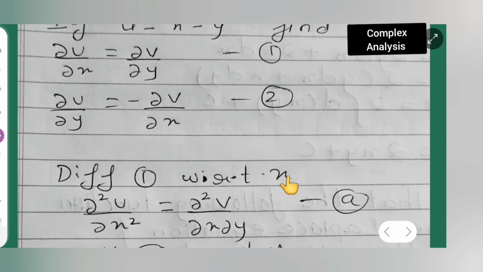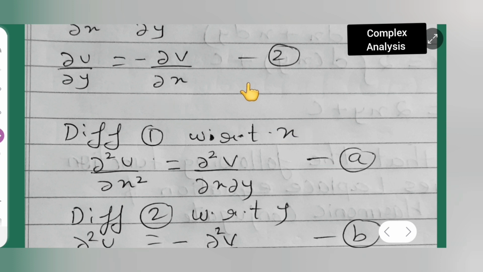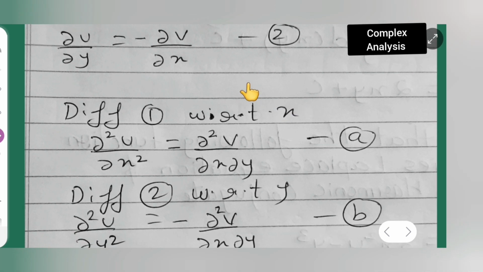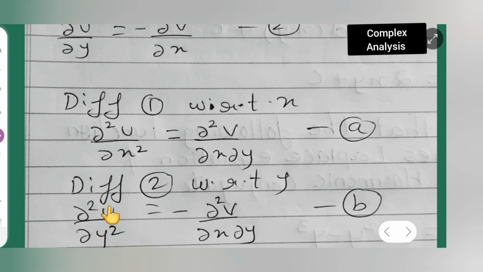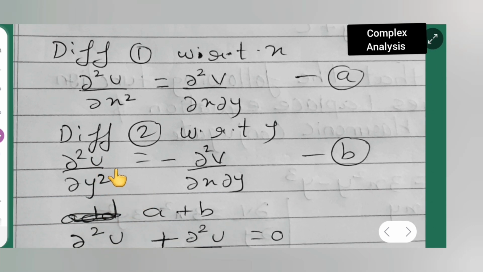Take this as a. Now differentiate 2 with respect to y. So if I differentiate 2 with respect to y, I am going to get dou square u upon dou y square is equal to minus dou square v upon dou x dou y.